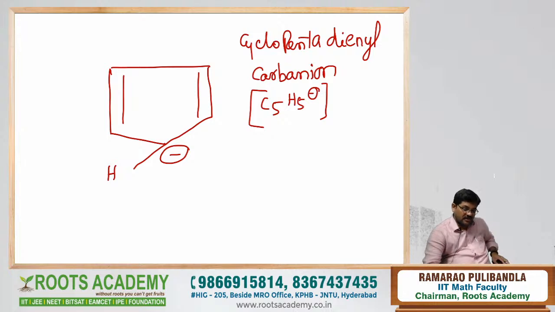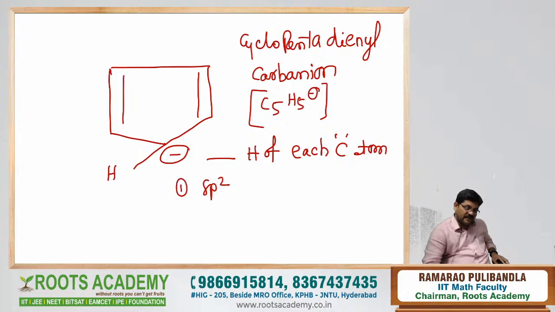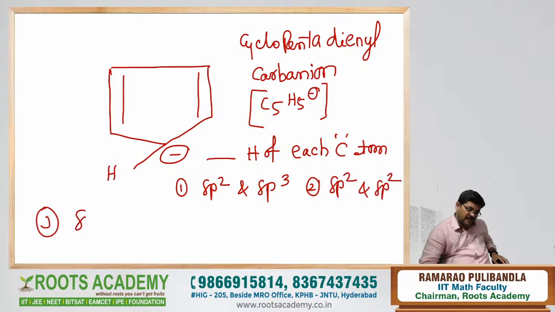Now what is the question asking? Dash is the hybridization of each carbon atom. See the options. Sp2 and sp3 for each carbon atom. Second option sp2 and sp2. Third option sp3 and sp.